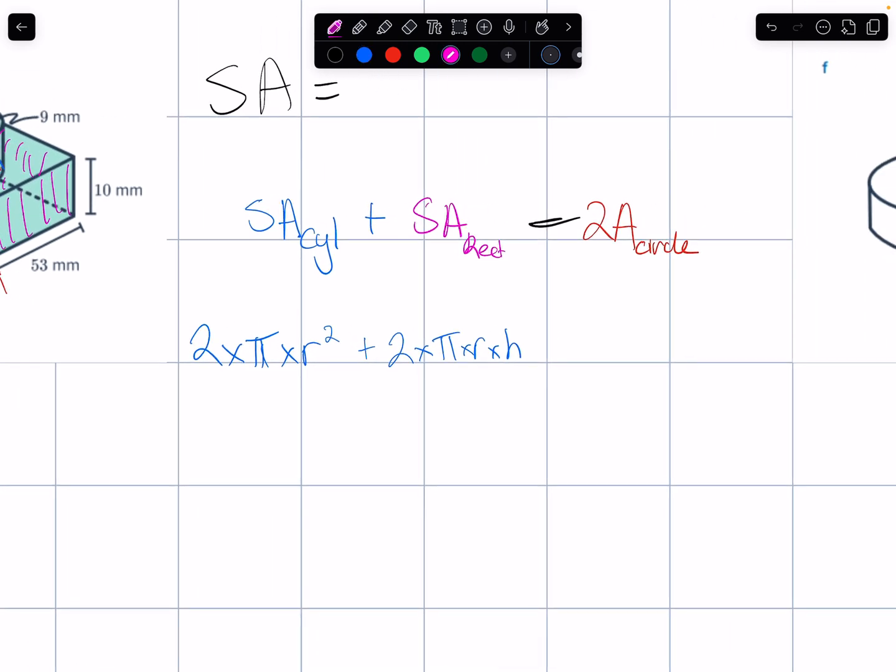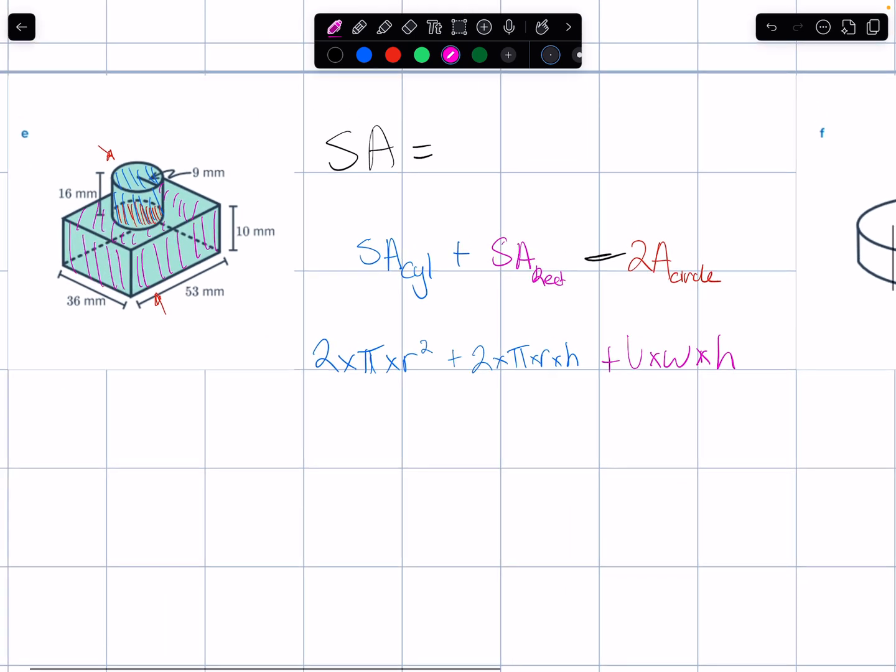Surface area of a rectangle is plus length times width times height. Now, 2 times the area of a circle is minus 2 times pi times r squared.